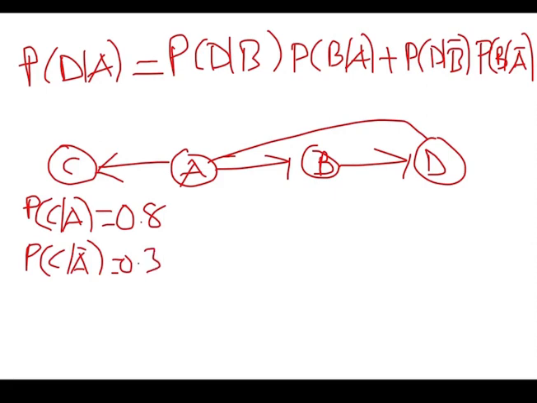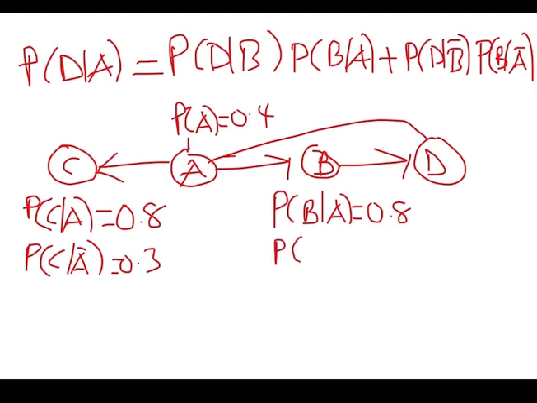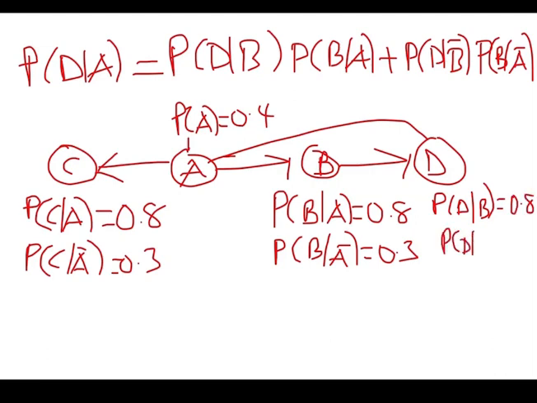The probability of A was 0.4. The probability of B given A is 0.8. The probability of B given A complement is 0.3. The probability of D given B is 0.8. The probability of D given B complement is 0.3.